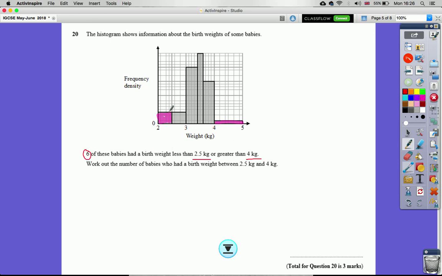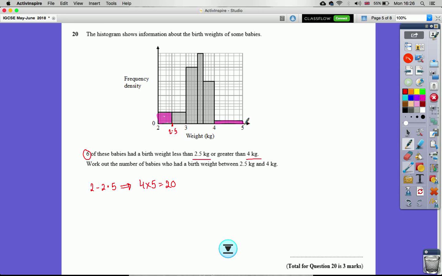So let's see how many small squares there are. From 2 to 2.5, there are 5 squares across, and you've got 4 squares here. If you count them, you can see there are 4 small squares. So between 2 and 2.5, the number of small squares is 4 times 5, that is 20.